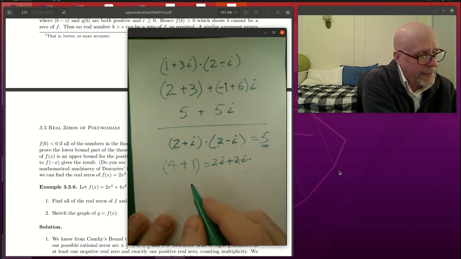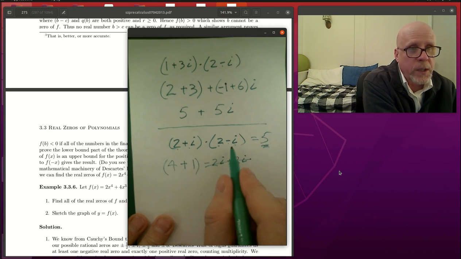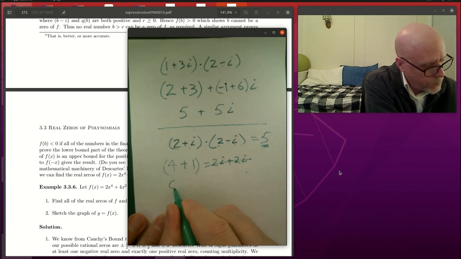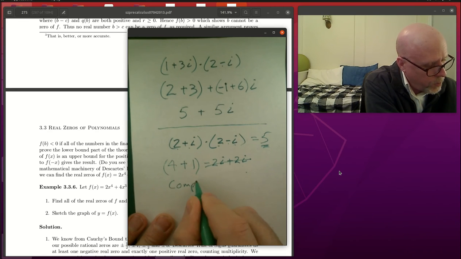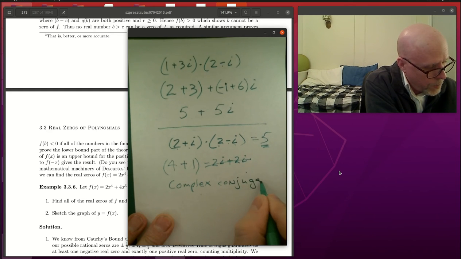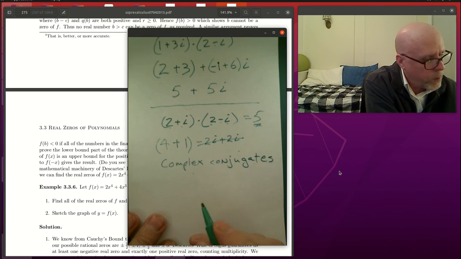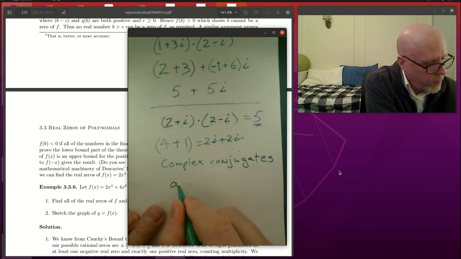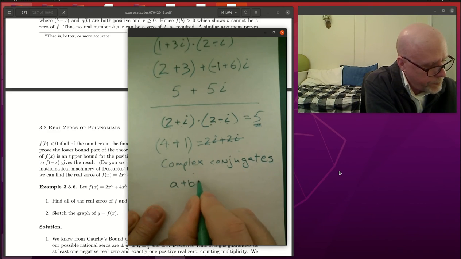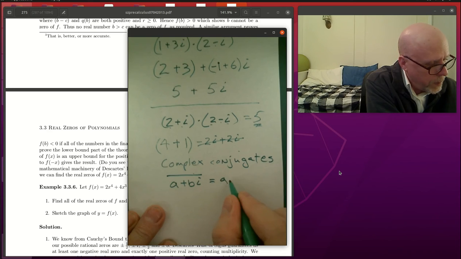That's called being a conjugate. So these things are conjugates of one another. If you want to be a little more accurate, you say complex conjugates. And complex conjugates are indicated by putting a bar over a complex number. So if I have a plus bi, and I put a bar over that, it means a minus bi.